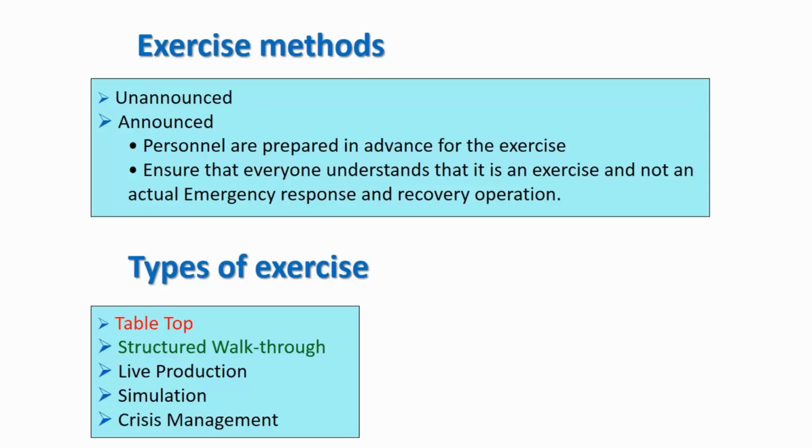And types of exercises: tabletop, that means that you are around a table and going through the plan. Everyone looks into their roles in the plan and says yes or no, this is not correct, we have to change it, and so on. And then you can do a structured walkthrough, that you actually go through the plan.